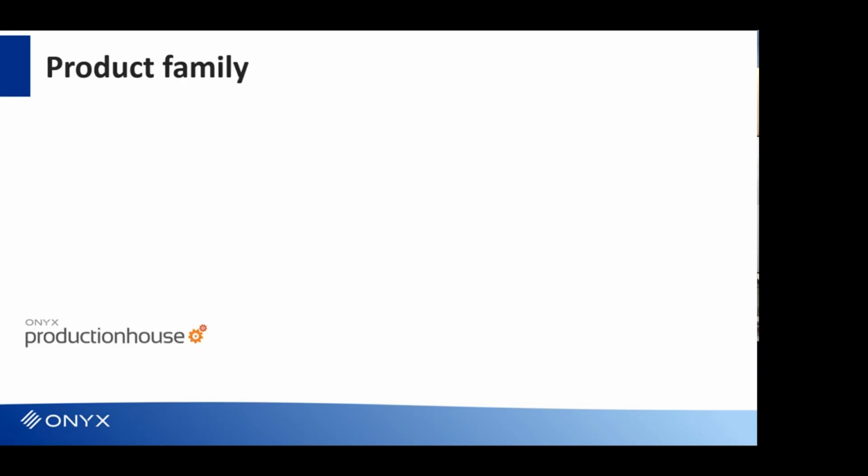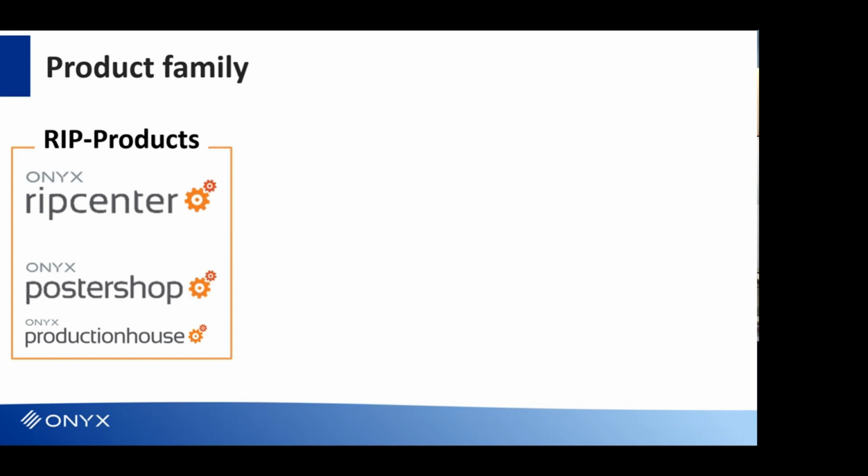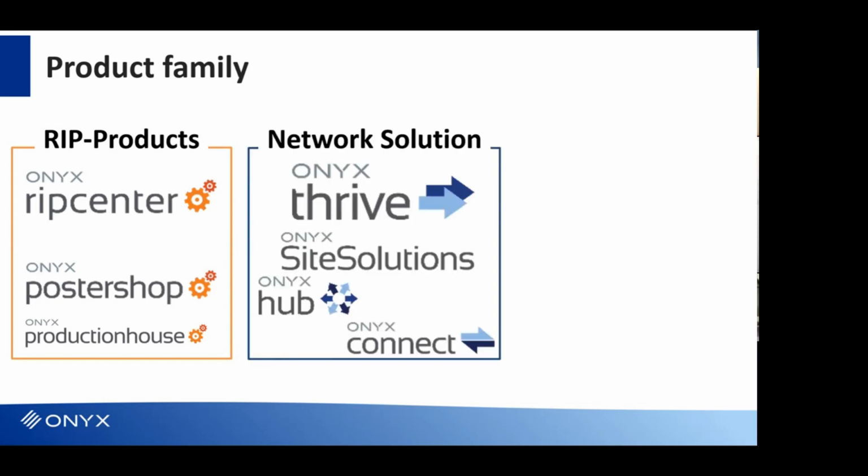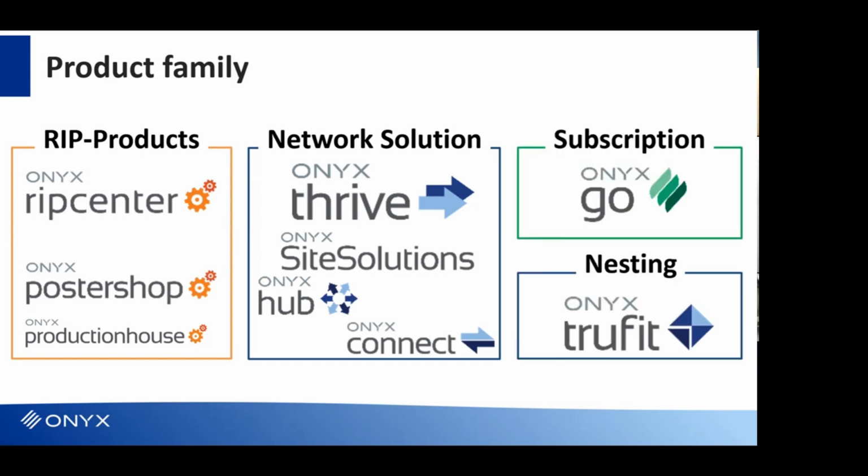It will help you to better target what the customer's needs are when you're on site, and if a customer asks, hey, what sort of RIP will I need to print properly, and what functionalities can I use to get more efficient, right? To have more savings and to have more control in my print shop, right?